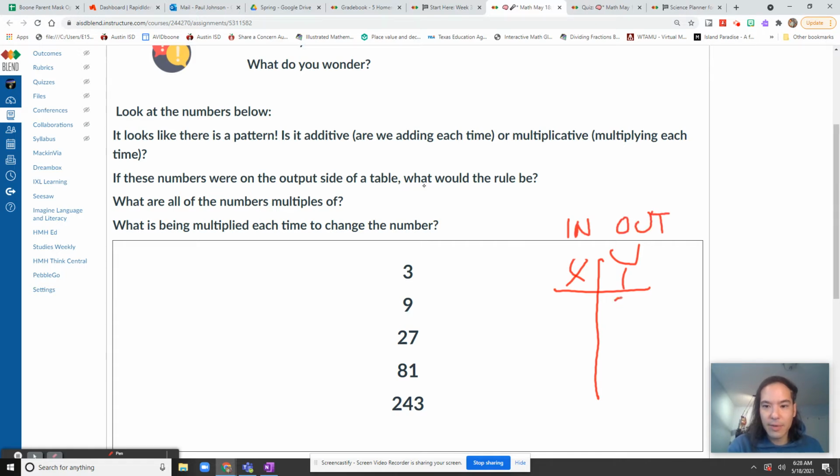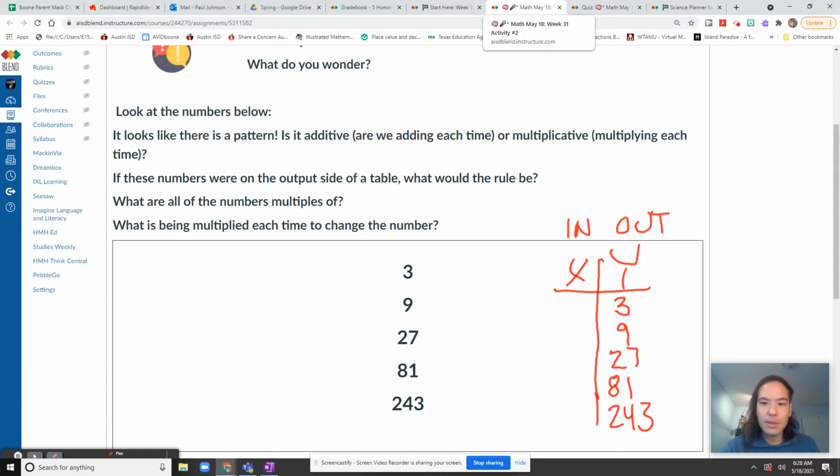So we have 3, 9, 27, 81, and then 243. So, what's going on here? Well, it kind of looks to me like we're multiplying by 3, only because when I see we're skip counting and I see all these are answers to 3 multiplication facts, might be something like a pattern of times 3, right?